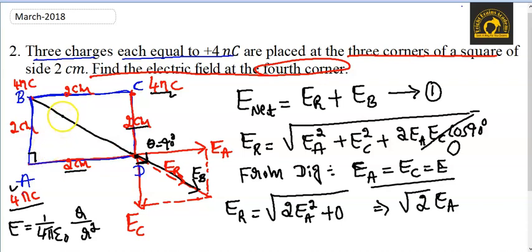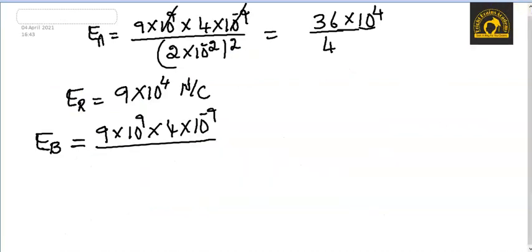So BD value is 2 square root of 2. BD square is 8 into 10 to the power of minus 4.